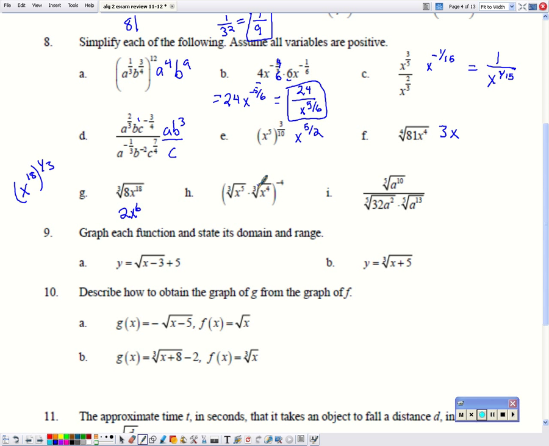Letter H. I have all of this to the negative 4. Wow. Well, the first thing I'm going to do is switch colors so we can see what's going on. Now I'm going to rewrite all of this because they have common bases, so maybe if I condense this, it'll be a little clearer. So I have x to the 5/3.